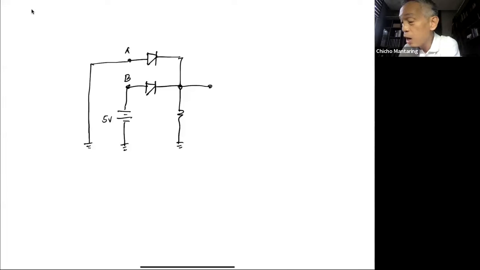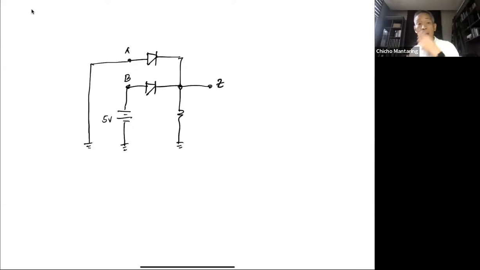And this is my output, which is Z. What are the states of my diodes going to be?